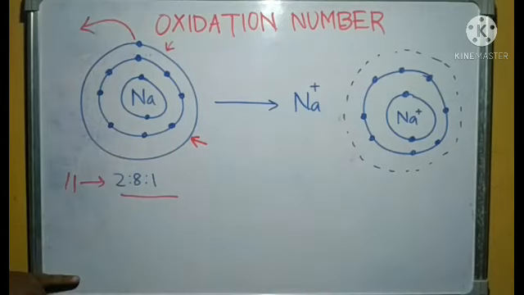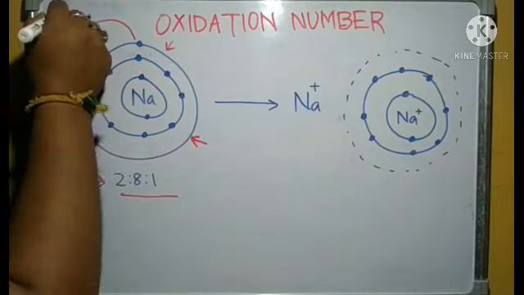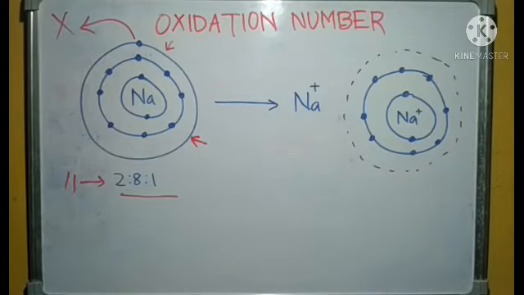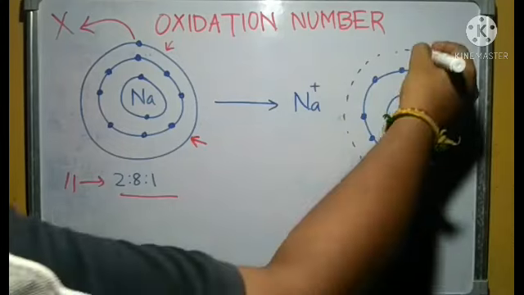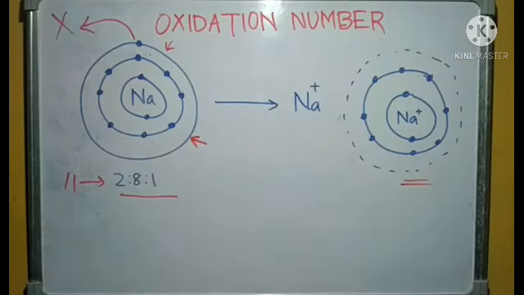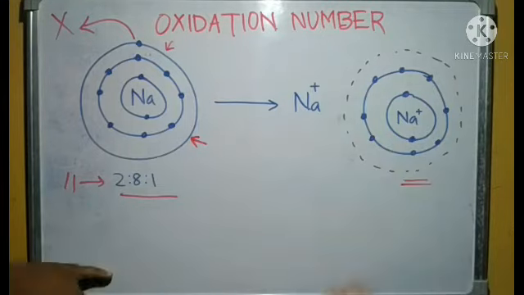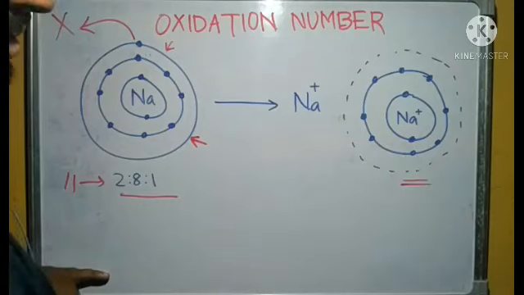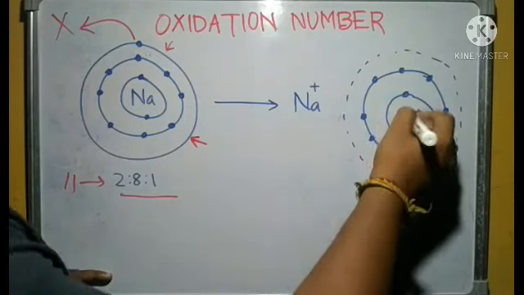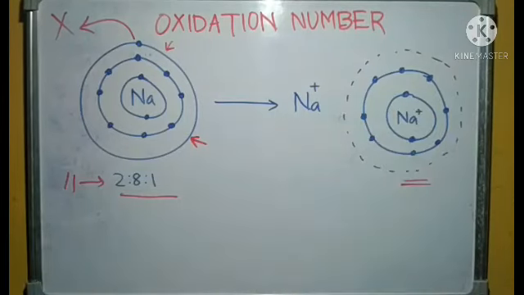It will give this 1 electron to another element, suppose X. Sodium will give its outermost valence electron to X. Then the valence shell will disappear because it will have no electron. The other two shells are now completely filled up: the innermost shell will have 2 electrons, and the next shell, shell number 2, will have a total of 8 electrons.